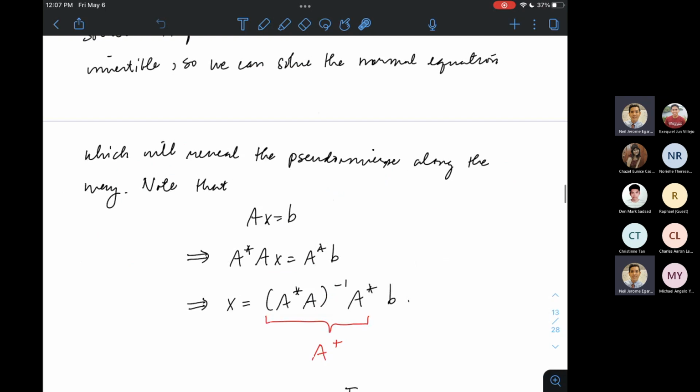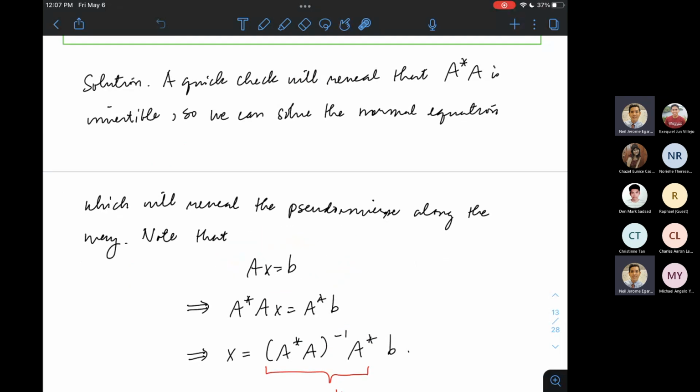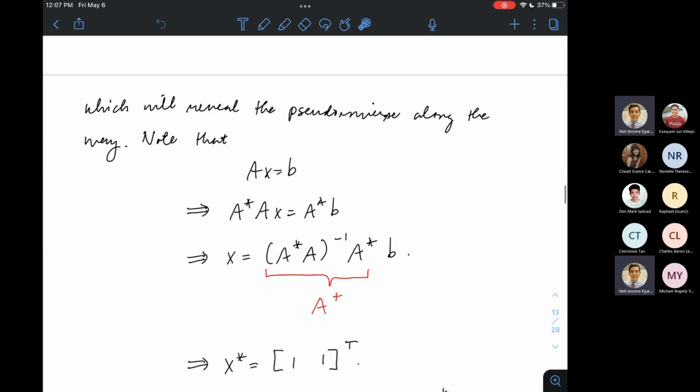So nagsimula ka halimbawa sa inconsistent na Ax equals b, all right? Tapos ang gagawin mo lang para makuha yung normal equation, you multiply both sides by the conjugate transpose of the matrix A. So left multiplication yung gagawin, you get this one. And then we are hoping that even if A is not invertible, A conjugate A will be invertible. Okay? And that is often the case.